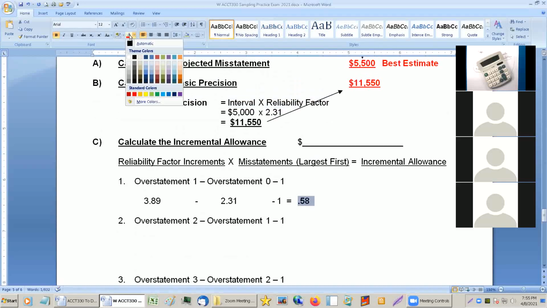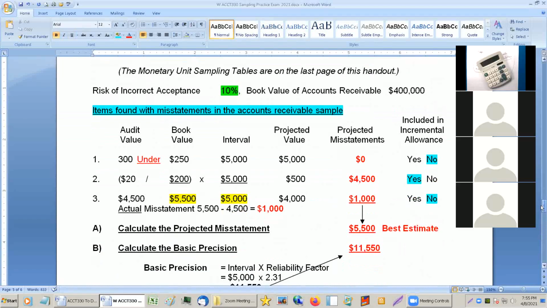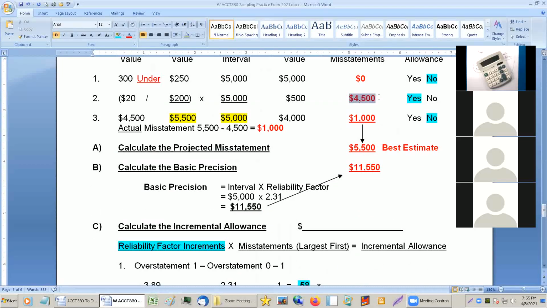Let's make that blue. And now we're going to multiply that by the misstatement. Misstatements go largest first, but it doesn't matter for us because we only have one that's going to be in there.